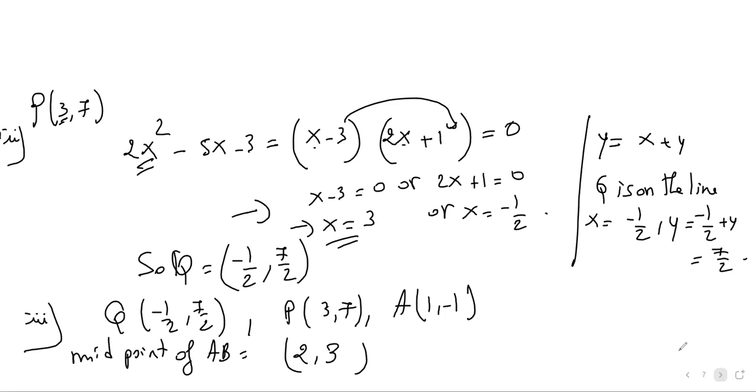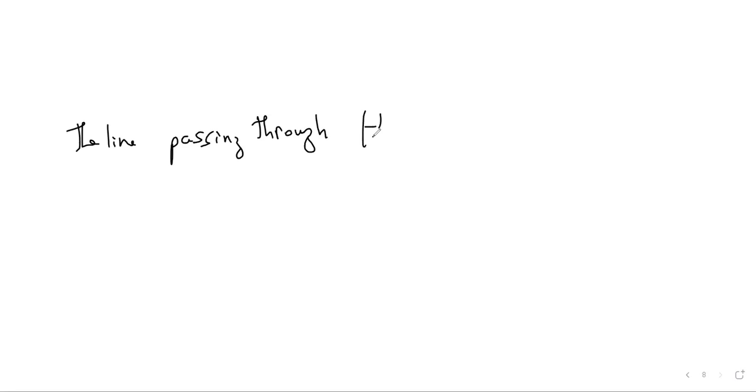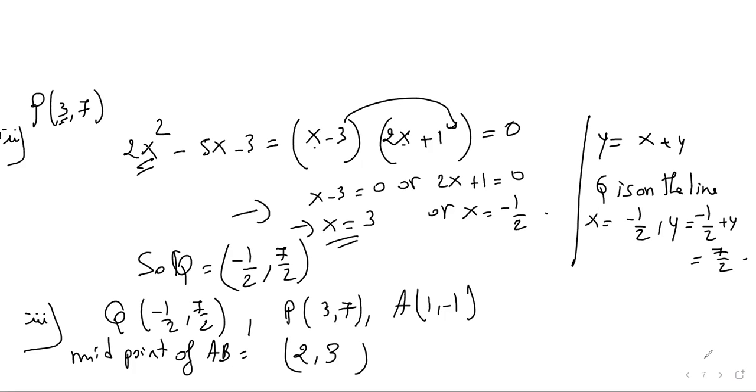So the line passing through (-1/2, 7/2) and (2, 3).